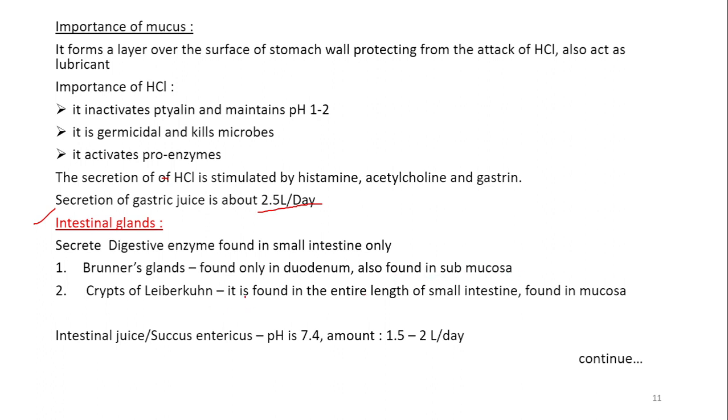Crypts of Lieberkuhn are found in the entire length of the small intestine, in the mucosa. Intestinal juice or succus entericus. Its pH is 7.4 and amount is 1.5 to 2 liter per day.